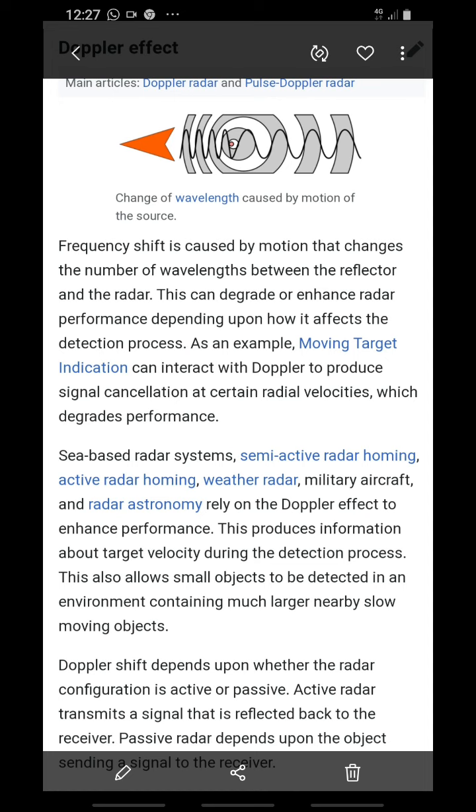This produces information about the target velocity during the detection process. This also allows small objects to be detected in an environment containing much larger nearby slow moving objects.